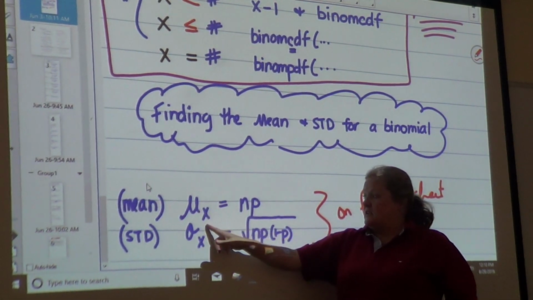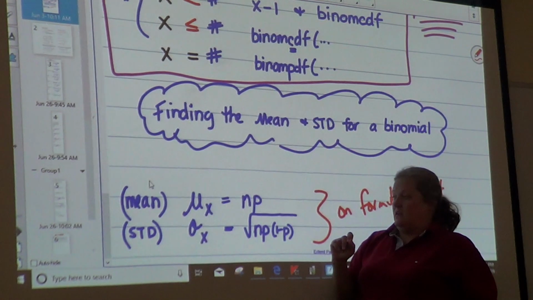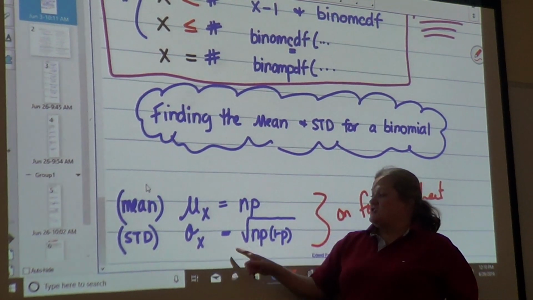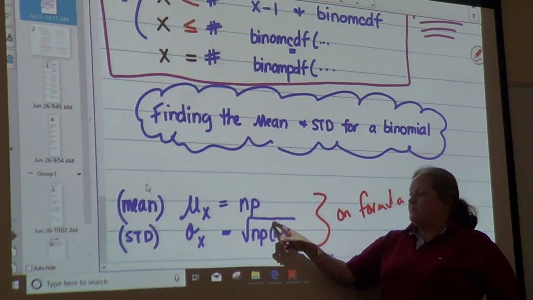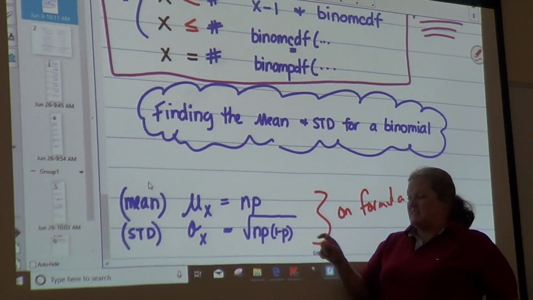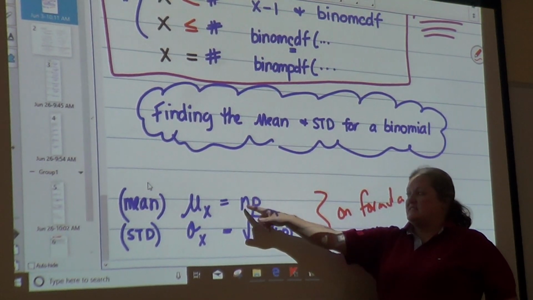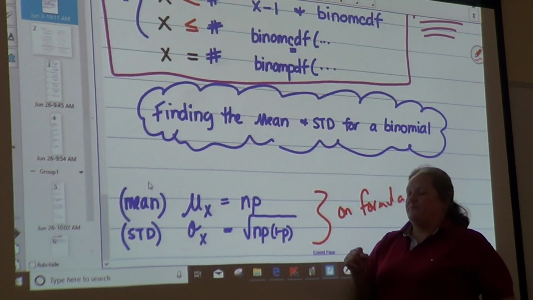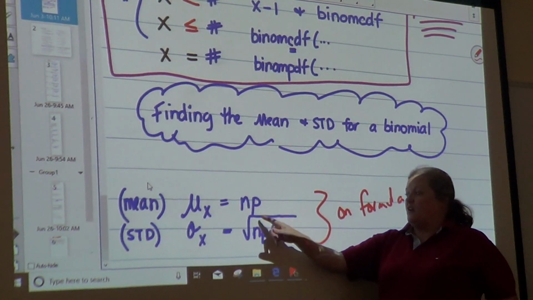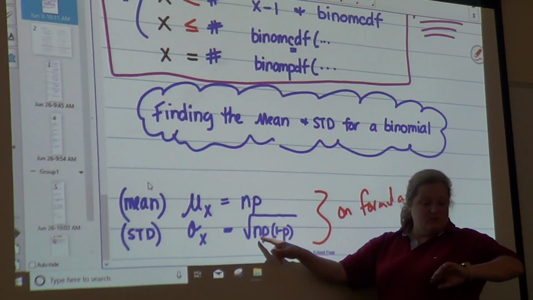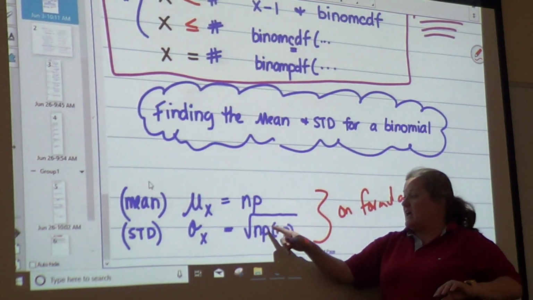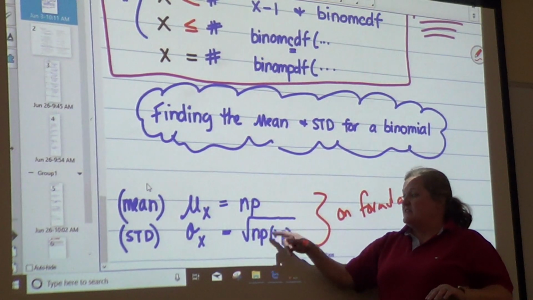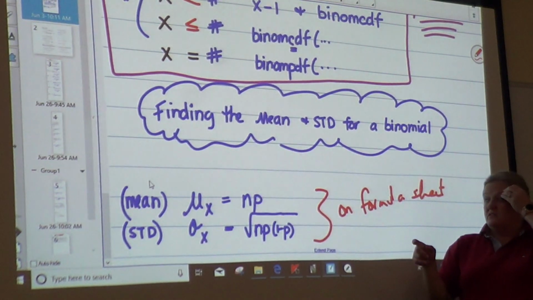The mean is n times p. The standard deviation is the square root of n times p times (1 minus p). So it's the sample size times the p, the successes, and the standard deviation is sample size times the successes times the failures.